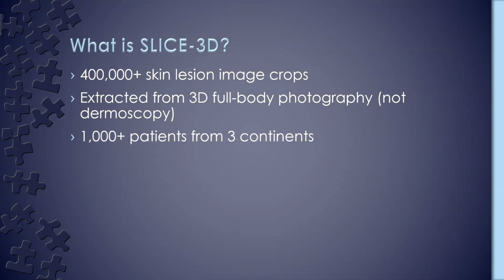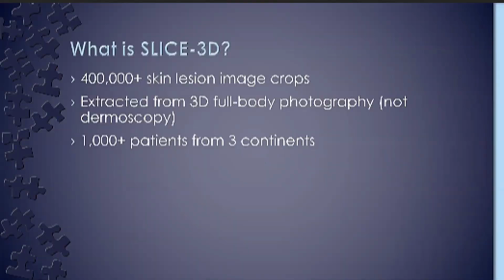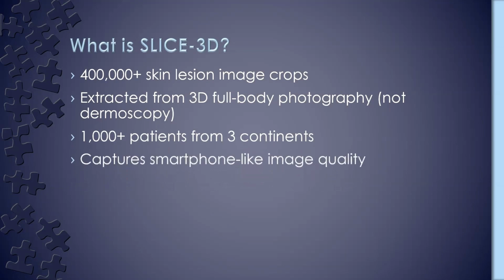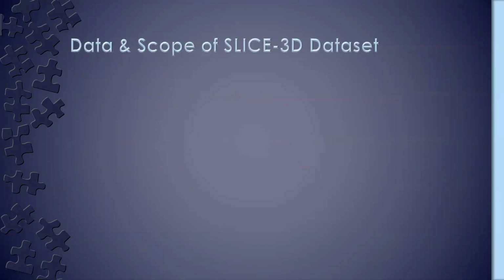The dataset includes images from more than 1K patients across 7 dermatology clinics from 3 continents, which helps improve diversity and reduce bias. SLICE-3D is available in the ISIC archive and researchers can freely use it for building and testing more and more efficient algorithms. Let's talk about the data and scope of the SLICE-3D dataset.